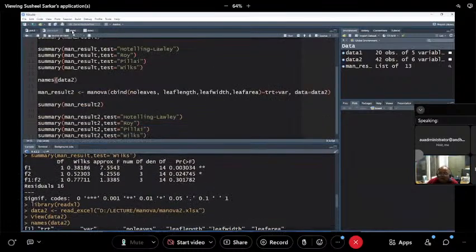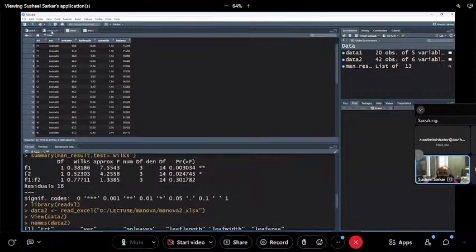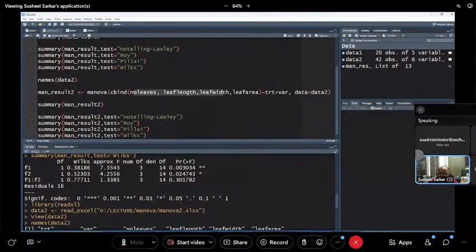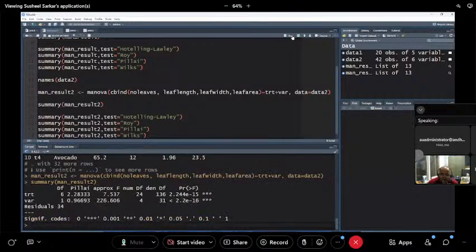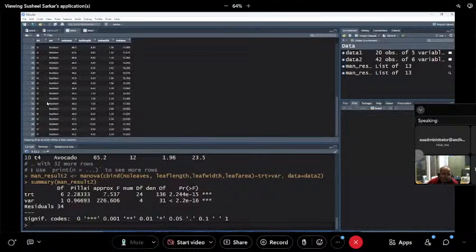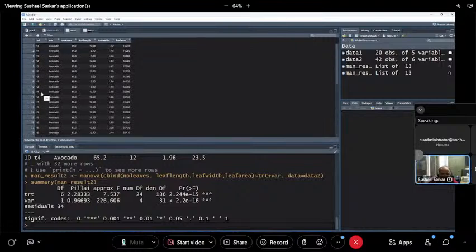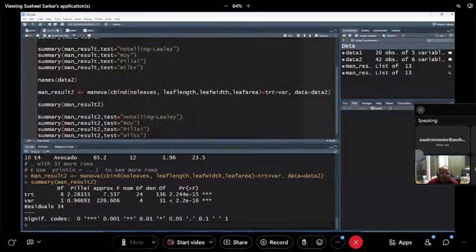Now, here we can see the dependent variables. I have put my dependent variables here, and these are the independent variables. If we take these 4 characters at a time, it is saying how many treatments do we have? 7 treatments are there. So how to ask the program?